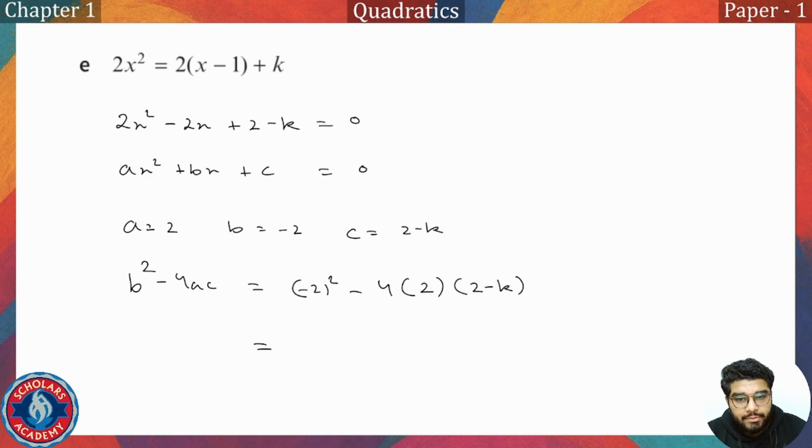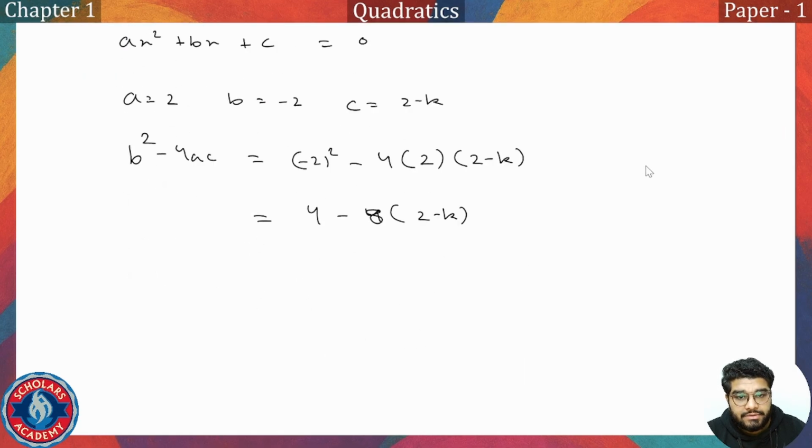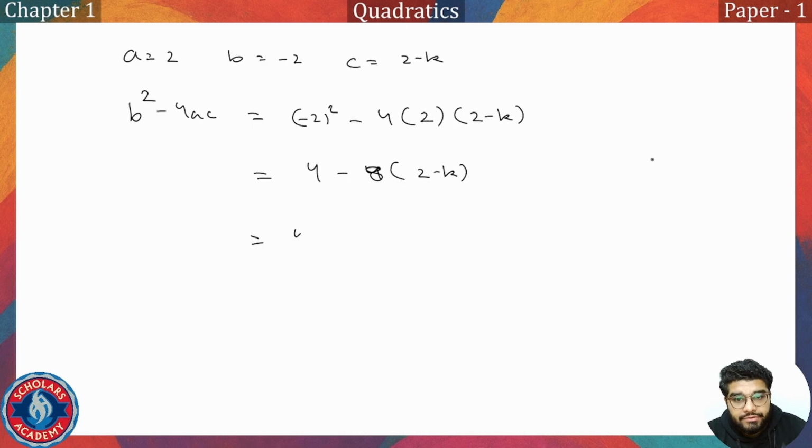Simplifying it, we get 4 minus 8 times 2 minus k. So what we get over here is 4 minus 16 plus 8k, right? So we get negative 12 plus 8k.